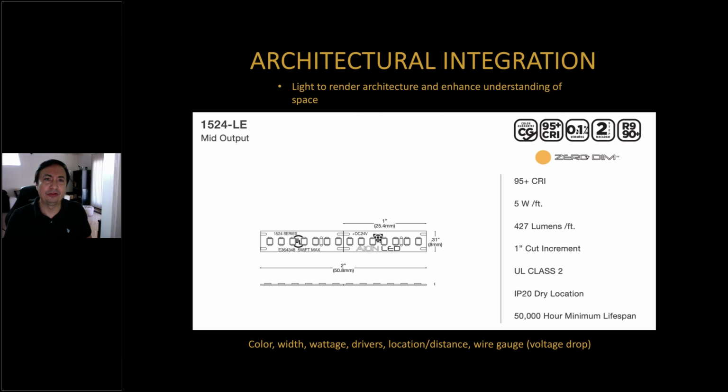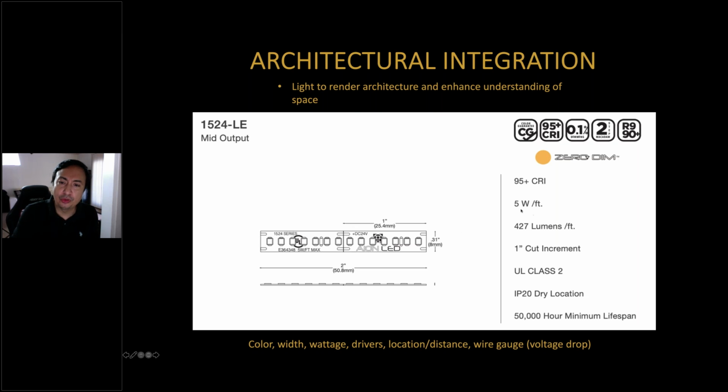A couple of things here. You want to make sure that it has a high CRI, color rendering index. The highest you can go is 100. Anything on the 90 plus side is very good, because it will do an excellent job of bringing out the natural colors of texture or whatever it is that you're illuminating directly under the light.